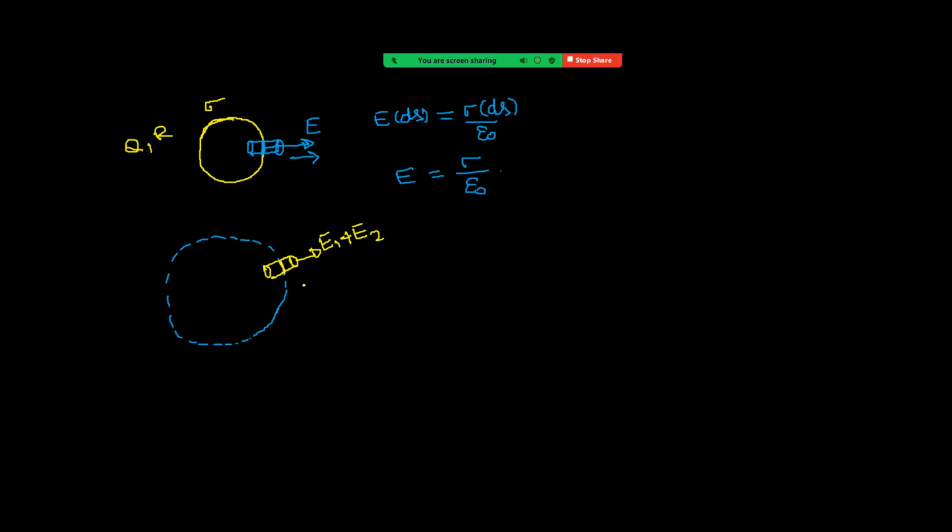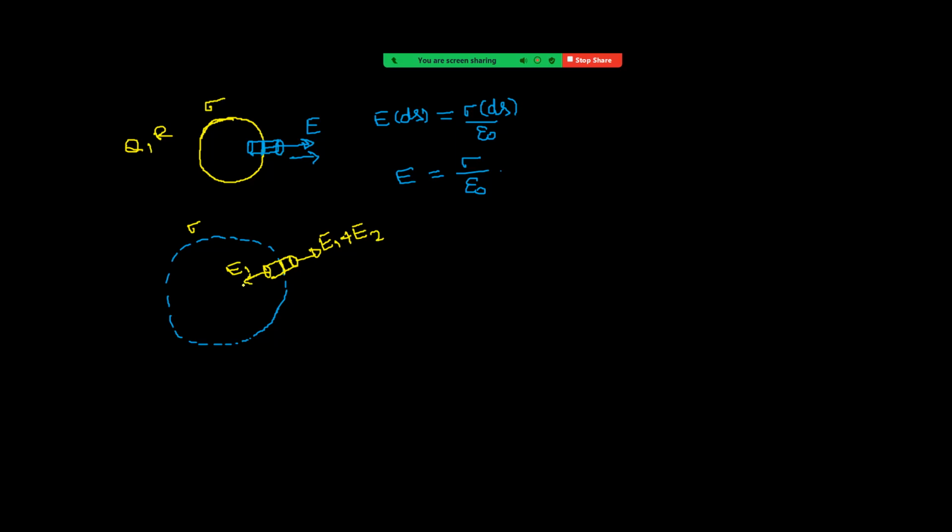See why these two are in the same direction. Inside the conductor, the field is 0, that we know. So because of this small part, the field inside will be E1 like this. Why like this? Where we want to calculate the strength of the field, there we have to imagine a unit positive charge. This will repel the positive charge, so E1 is like this.